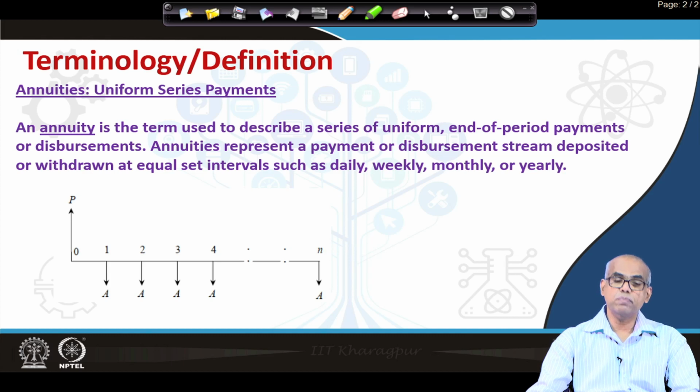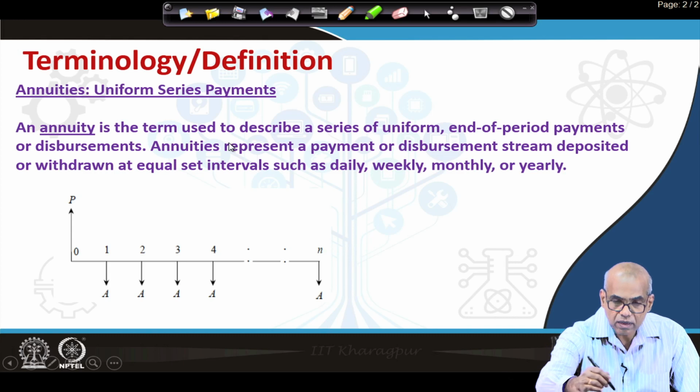Annuity is a uniform series payment. An annuity is the term used to describe a series of uniform end of period payments or disbursements. Annuities represent a payment or disbursement stream deposited or withdrawn at equal set intervals such as daily, weekly, monthly or yearly.